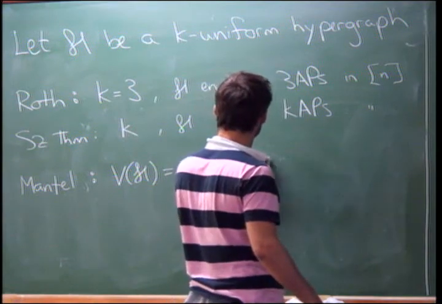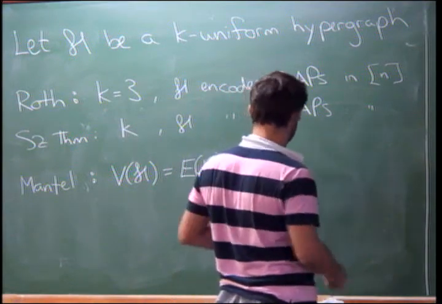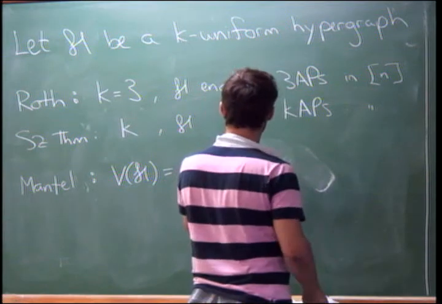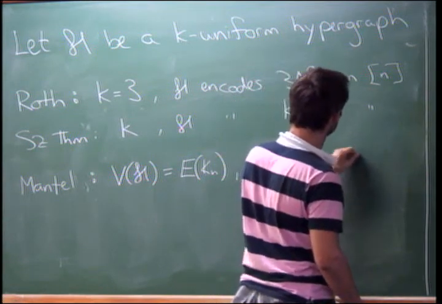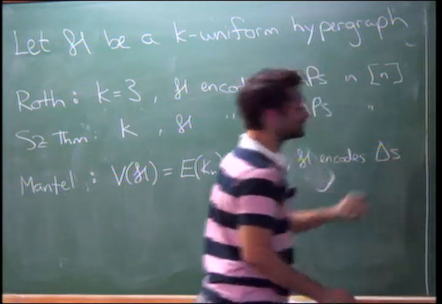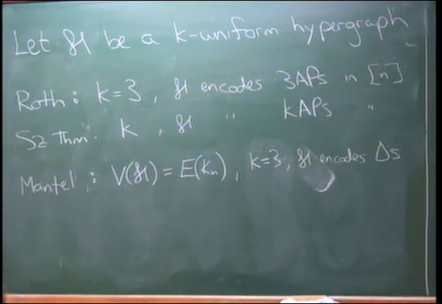And the edges, so I should say k equals 3 and H encodes triangles. So the hyperedges of this hypergraph are triples of edges which form triangles.